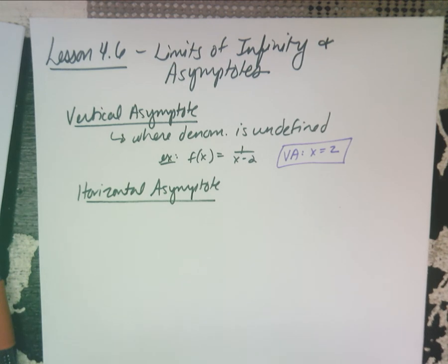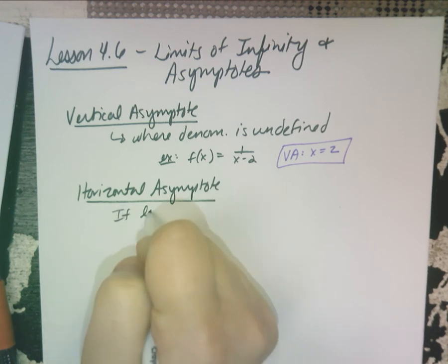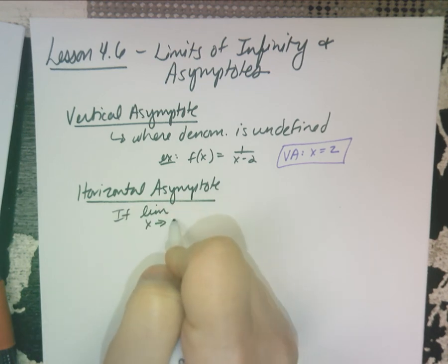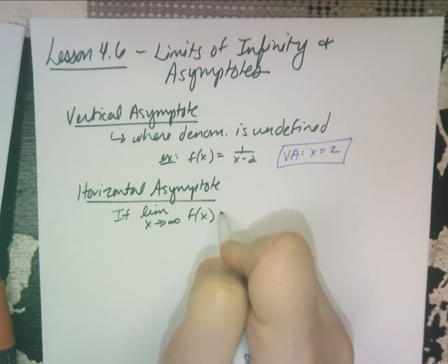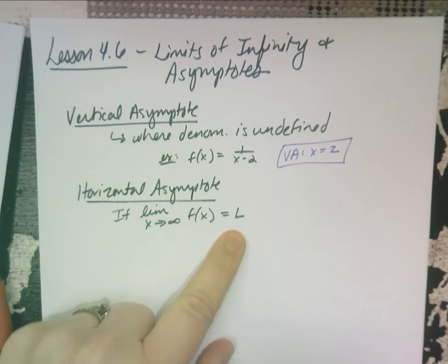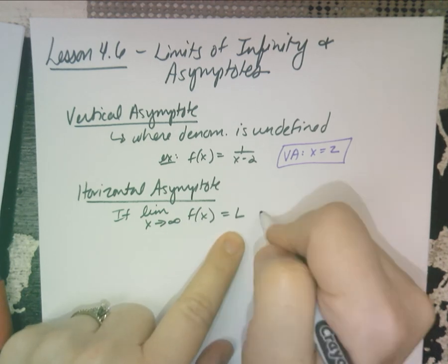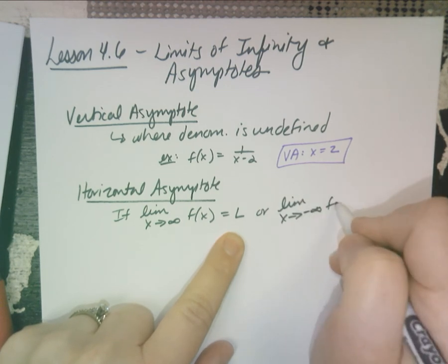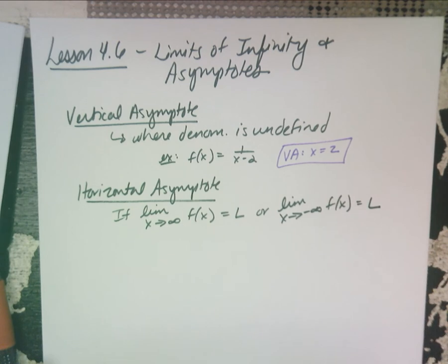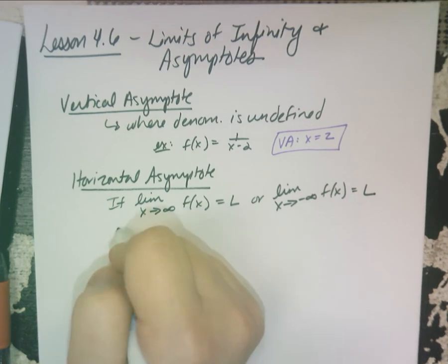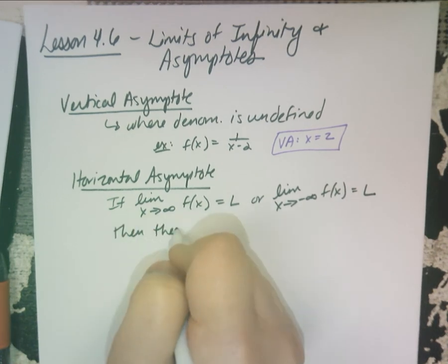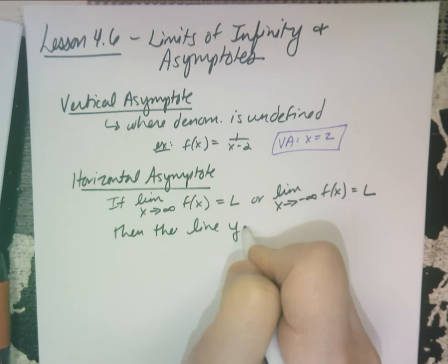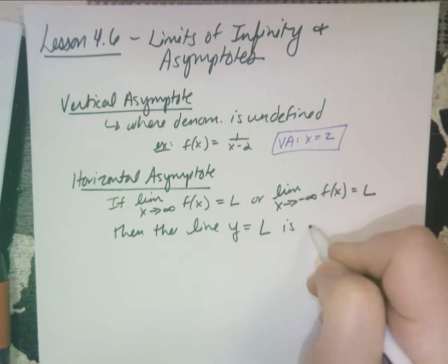Here's how the calculus merges with what you learned last year. If you take the limit as x goes to infinity of the function, and let's say it's L, or you take the limit as x goes to negative infinity of the function, then the line y equals L is the horizontal asymptote.